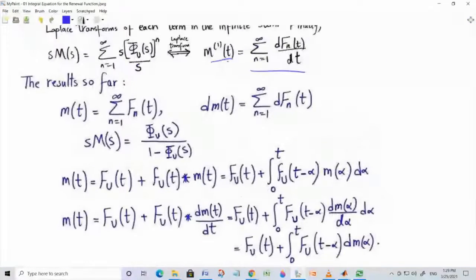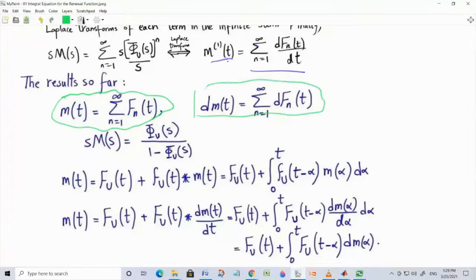Okay, so we have lots of results here. So let's summarize them. We have M of t is equal to this summation. Okay, so this is from the previous lecture, and this summation converges for every finite t. You can take the derivative, or the differential of both sides, and for the differential of the summation, we will take it for granted that we can interchange the order of infinite summation and differentiation.